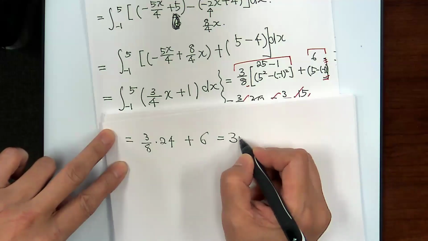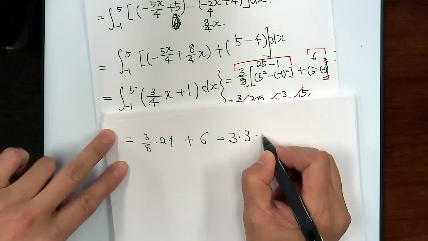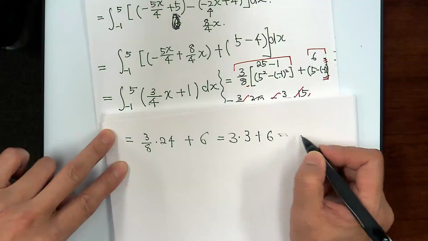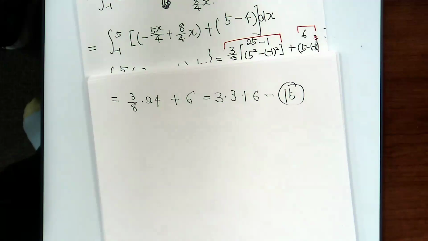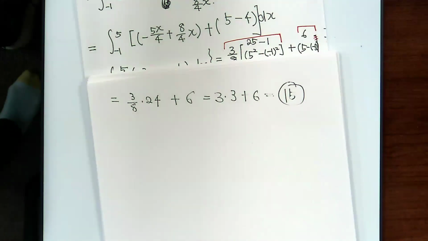So 3 times 3 plus 6 is 15. Any questions?